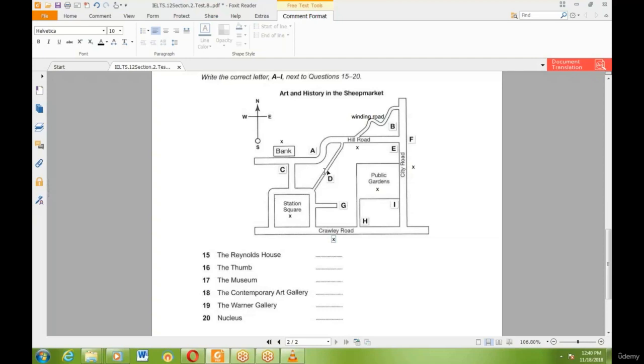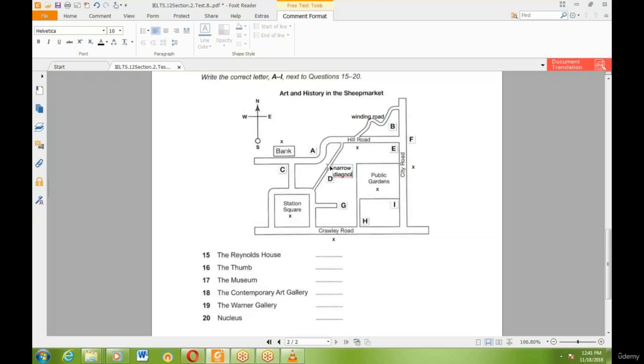How would you describe that road? Narrow, okay. So you might say a narrow diagonal road.